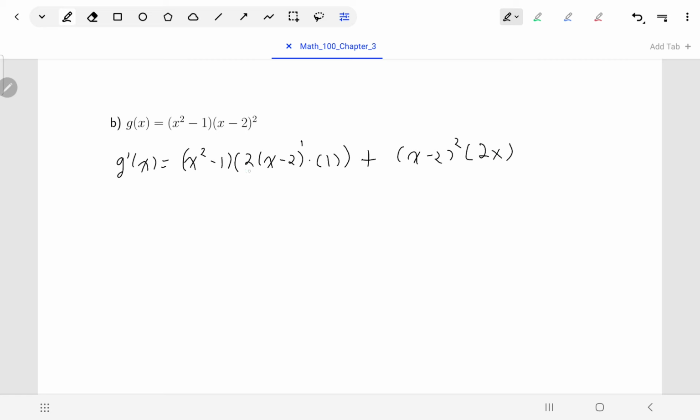I notice I've got a 2 that's a common factor in both terms, and I've got an x minus 2 that's a common factor in both terms. So I'll factor that out. And that leaves me in the first term with an x squared minus 1 hanging around. And in the second term, I have the x minus 2 times the x hanging around.